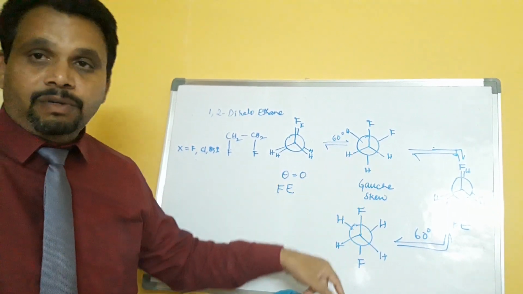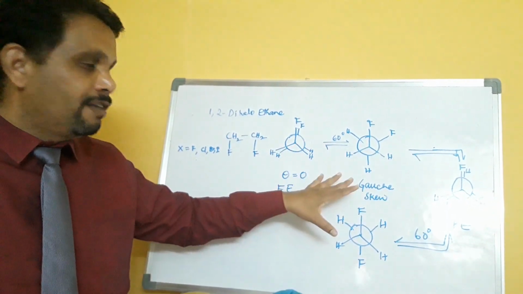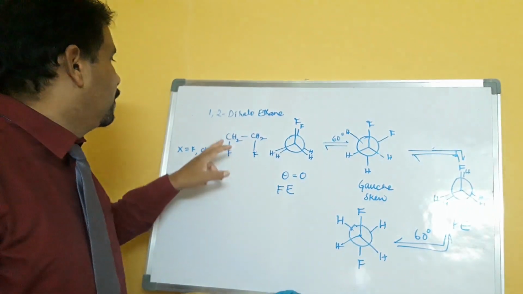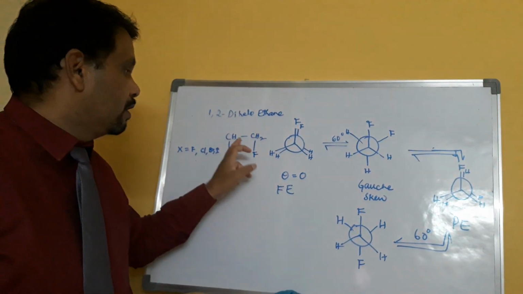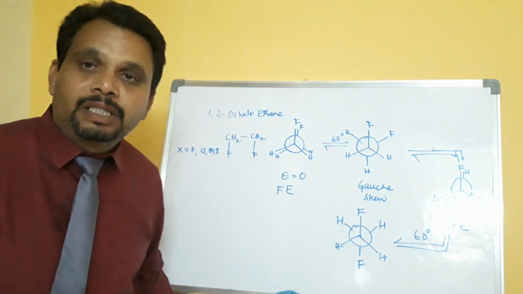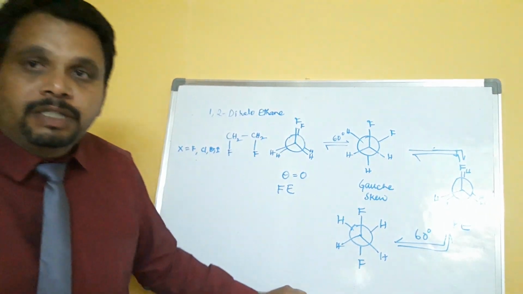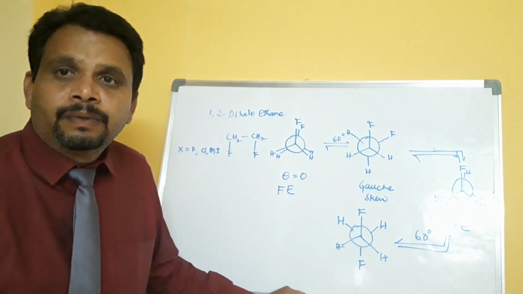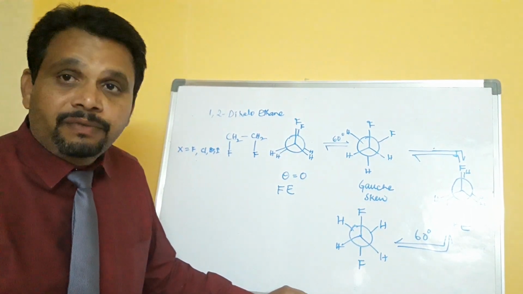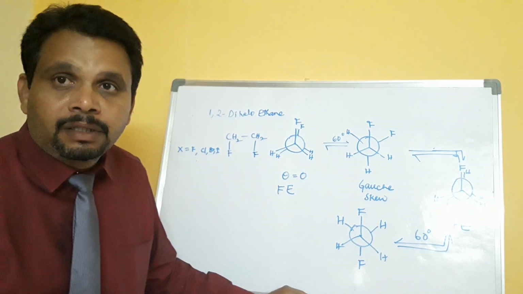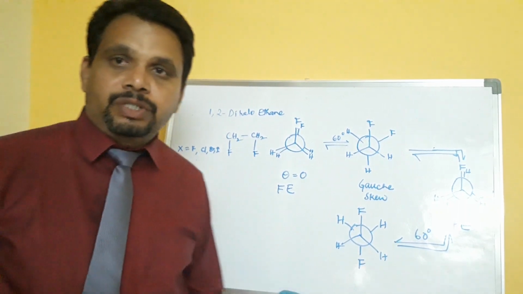These are the different ones. Okay, these 4 conformers are possible in 1,2-dihaloethane or 1,2-difluoroethane compound. Okay, so now we'll try to decide which is more stable and why. Okay, it is more important to understand.